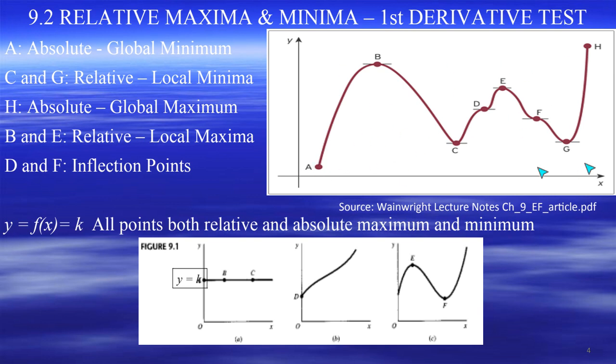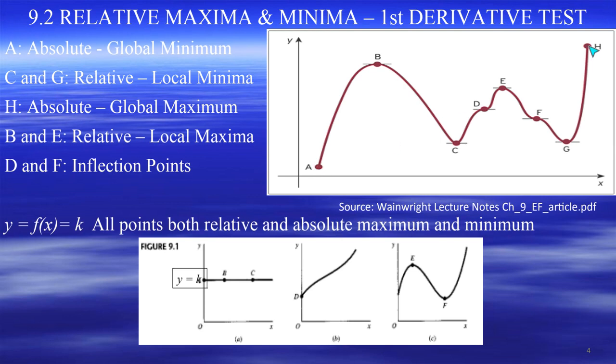In this domain, the lowermost point of this function is A. There is no point lower than this. And the uppermost point of this function is H. There is no point higher than H. Those are the absolute or global extrema. A is the absolute minimum, global minimum.